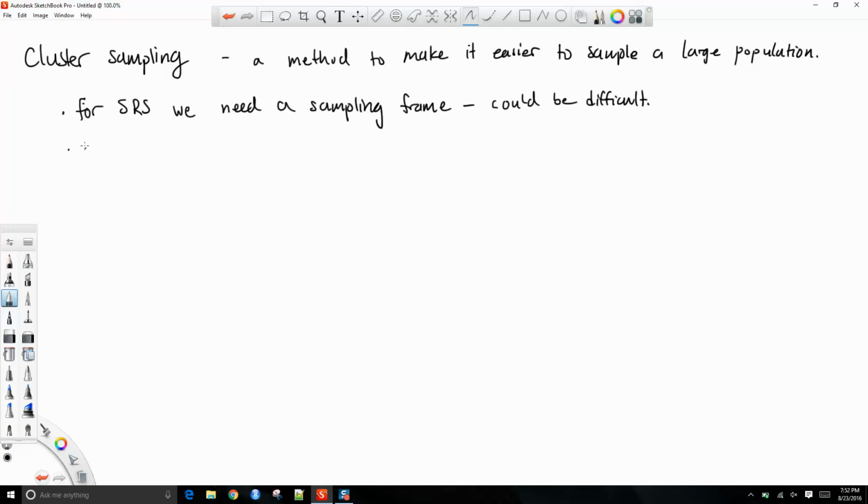So with cluster sampling, the population is divided into, or consists of, subgroups called clusters.